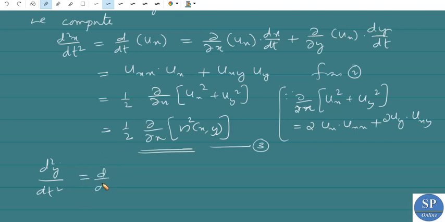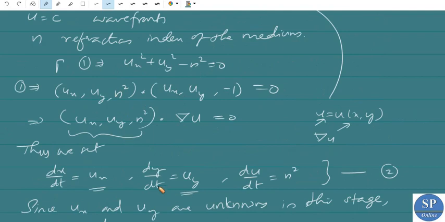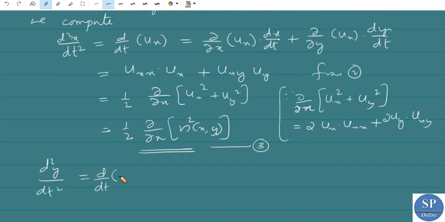It is written as d²y/dt² equal to d/dt of dy/dt, which is uy. So this is equal to d/dt of uy.